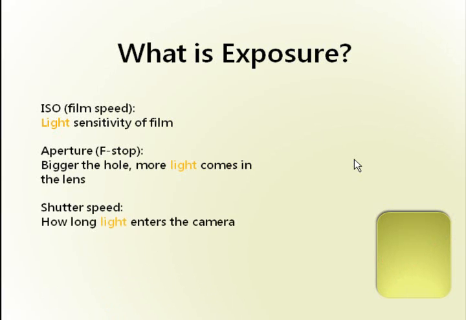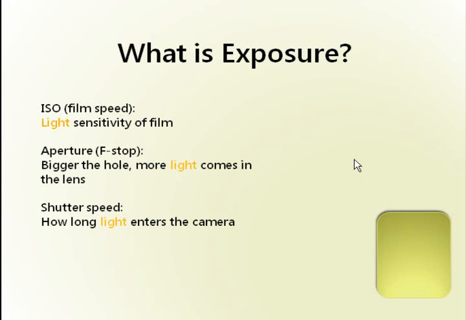Shutter speed is how long light enters the camera. So if the shutter stays open longer, you're going to get more light in. As it opens and closes really fast, you're going to get less light in. And each one of these will be a separate lesson in more detail later.